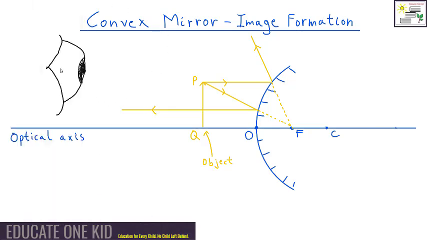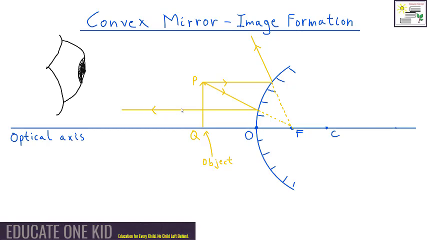Okay, now to the person's brain, these reflected light rays, so this one here and this one here, they appear as though they have come from behind the convex mirror, so on this side of the convex mirror.